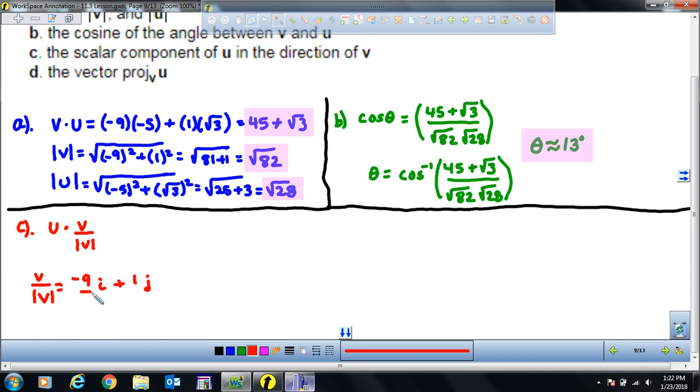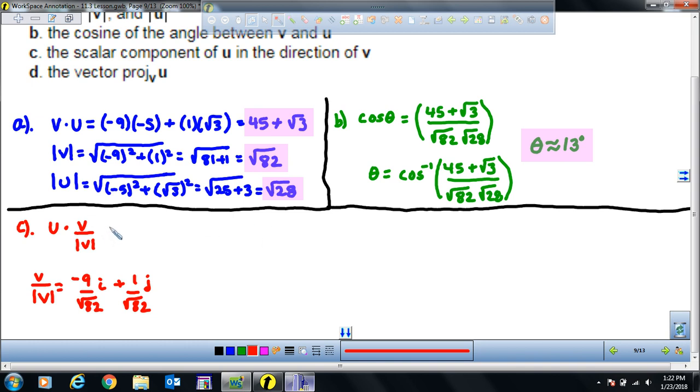But we need to divide it by its magnitude. The magnitude of v is equal to the square root of 82. Okay, so that represents basically the direction of the vector v. This is the unit vector that gives v its direction.